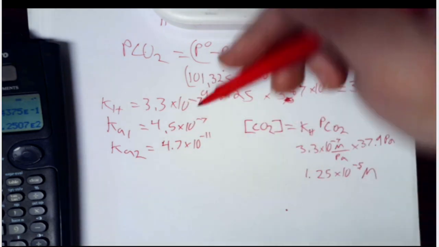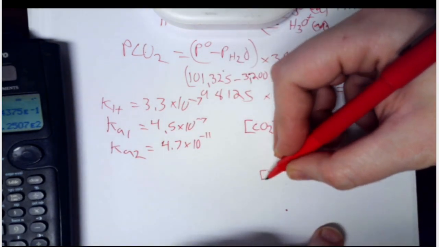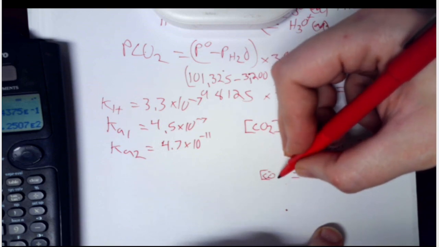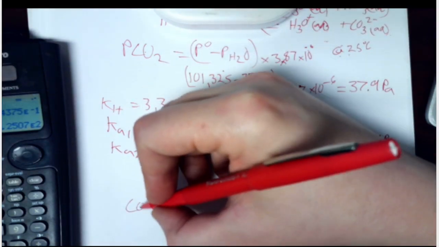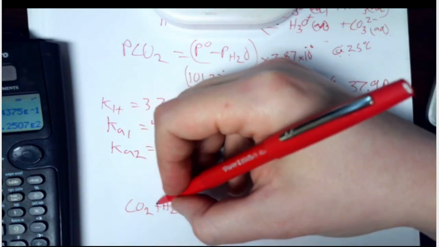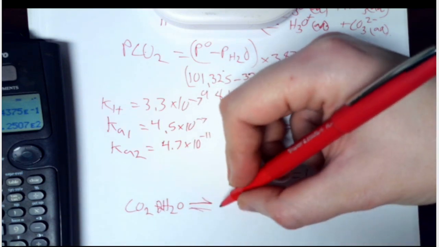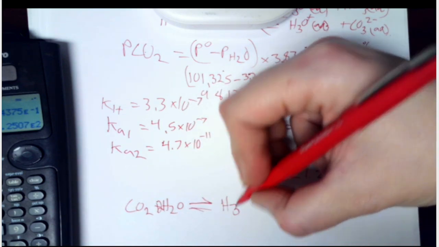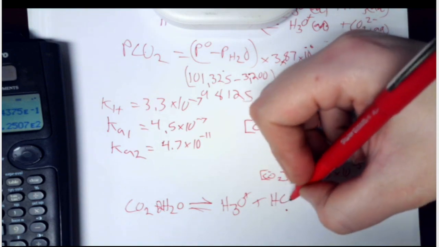This is our pressure, this is our CO2. We're just saying CO2 plus 2 waters goes reversibly to hydronium and hydrogen carbonate.